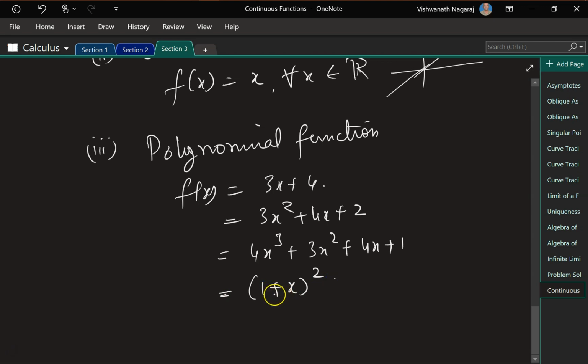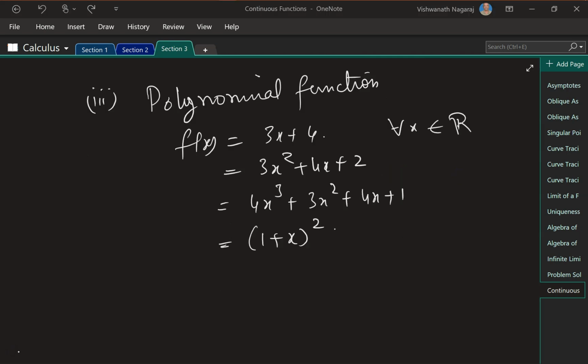Here the important thing is that x should not appear in the denominator in such a way that the denominator can become 0. So in all these cases, for all x belonging to real numbers.